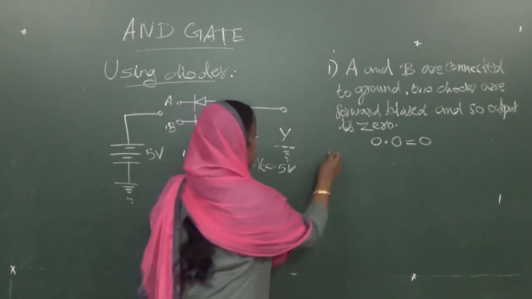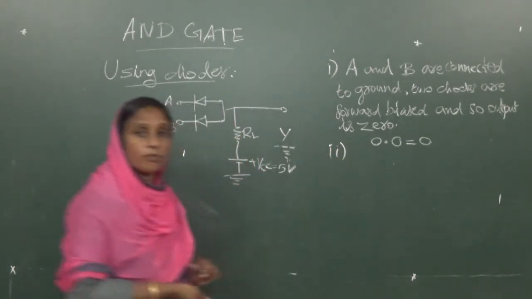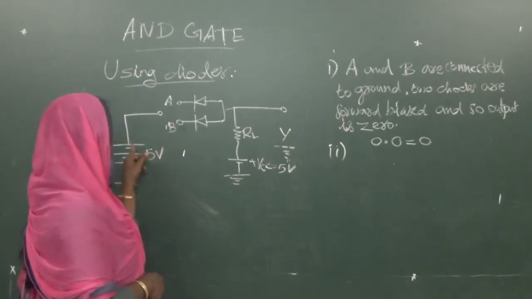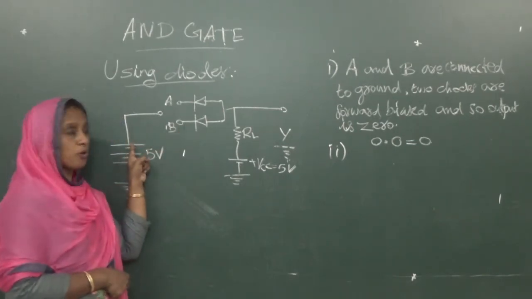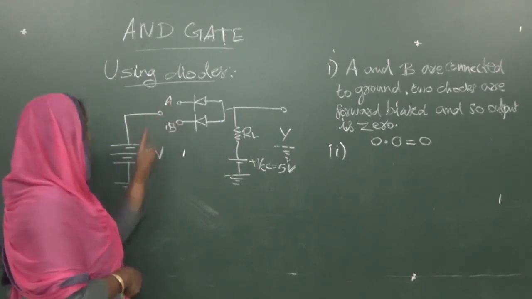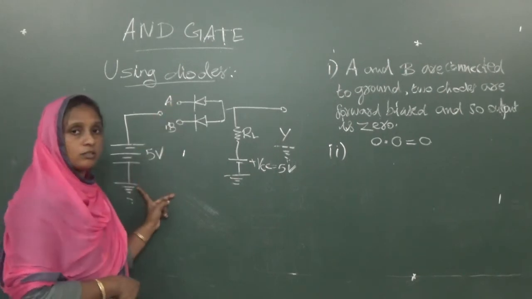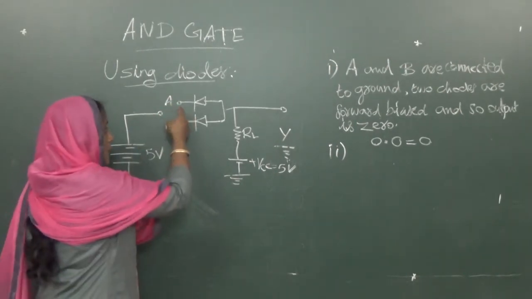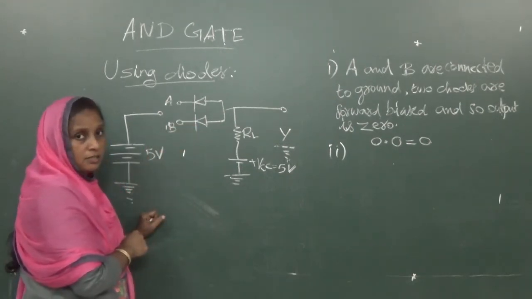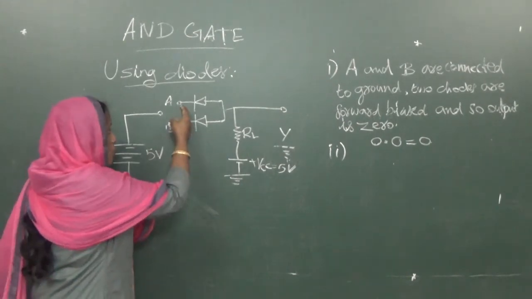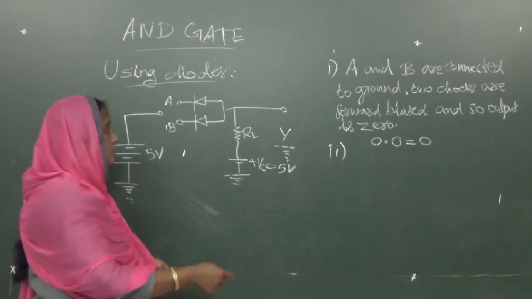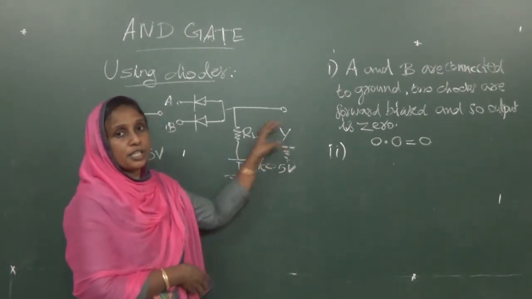The second case is, one of these, let it be B. B is high. That means you have to connect this positive voltage to this. B is high, but A is grounded. Then this A is forward biased, B is reverse biased. So A makes a closed circuit like this, and again the output voltage is 0.